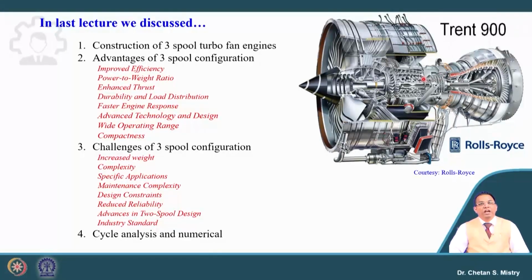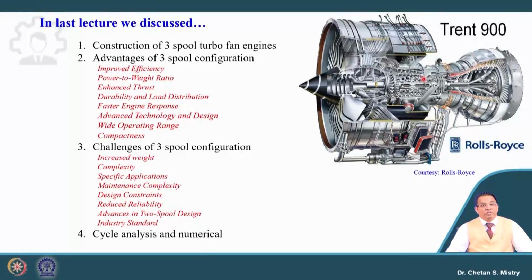And we were discussing various advantages of the 3-spool configuration, where we observe we will be having great control on mass flow rate as well as pressure distribution. That will lead to improved efficiency of the engine. We have observed that the thrust to weight ratio has been improved by using this kind of configuration.